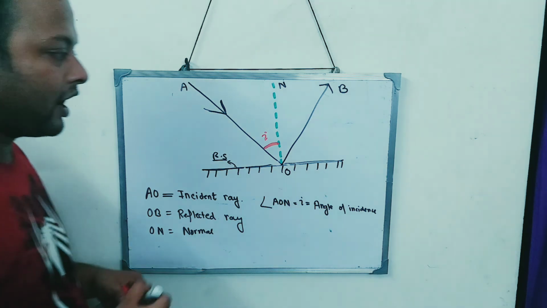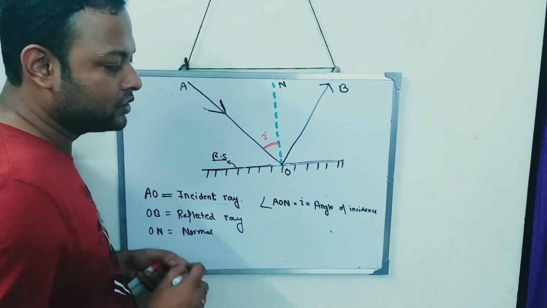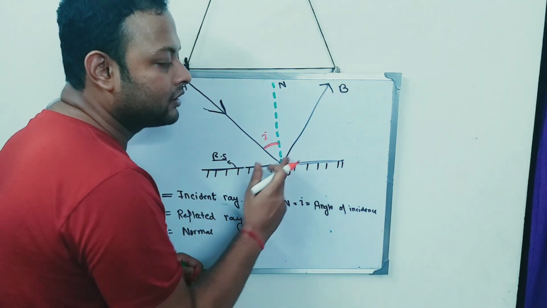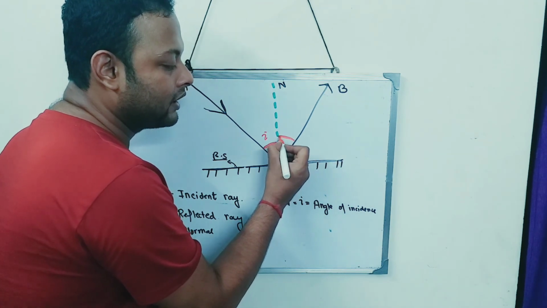And after this, the second angle that we consider, can you see the second angle over here? This is between the normal and the reflected ray. So I'm talking about this angle.